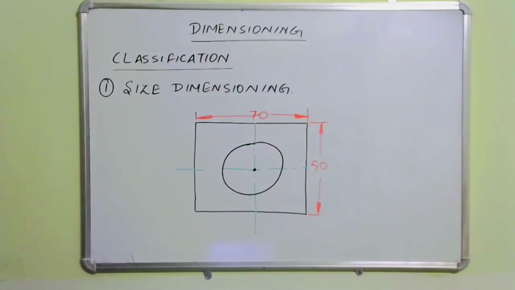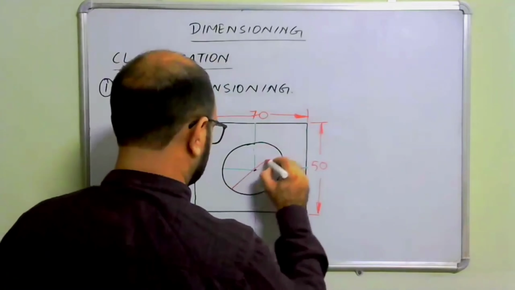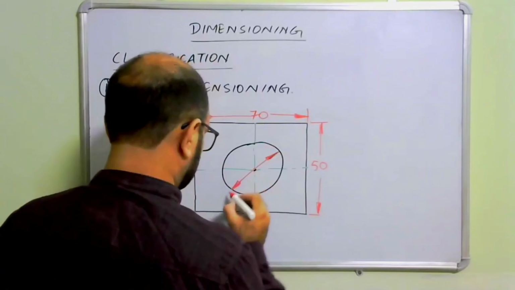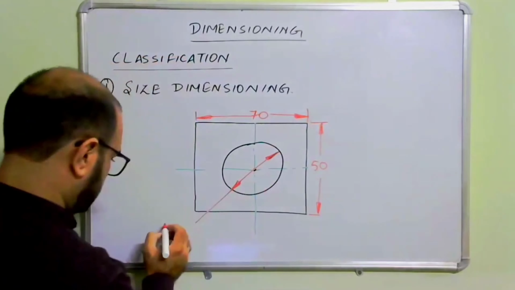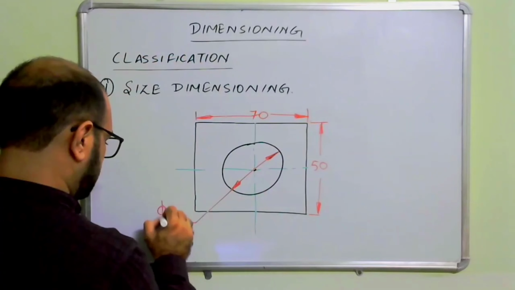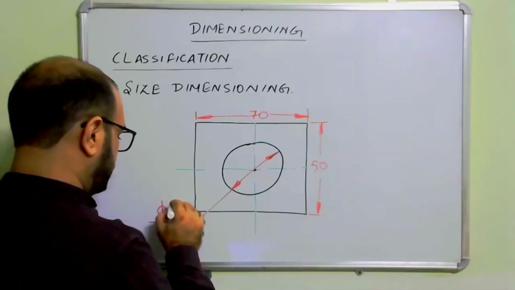And the diameter for the circle is represented by phi. Let it be equal to 20 mm.